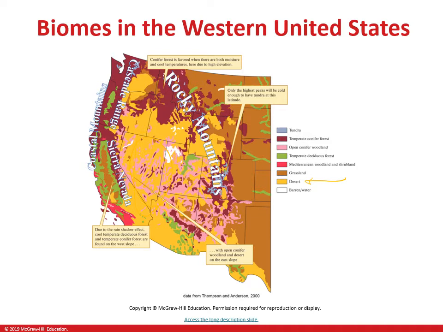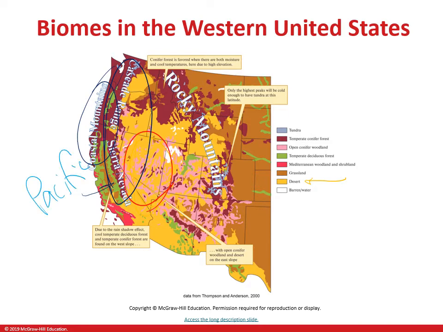But for the most part, this whole area is a desert, and we've got these big mountains that are forcing the air up and over. We've got the Cascade Mountains, we've got the Sierra Nevada Mountains, and you've got a lot of rainfall on the ocean side. So over here we have the Pacific Ocean.